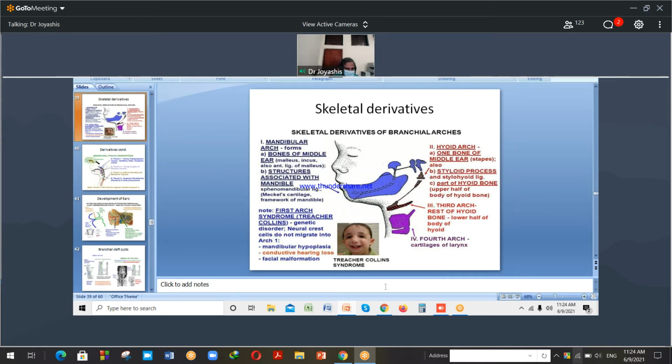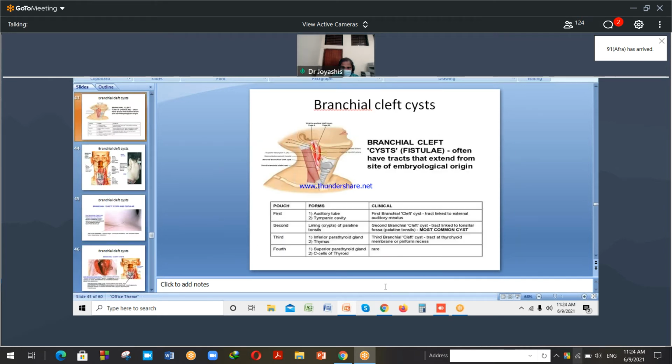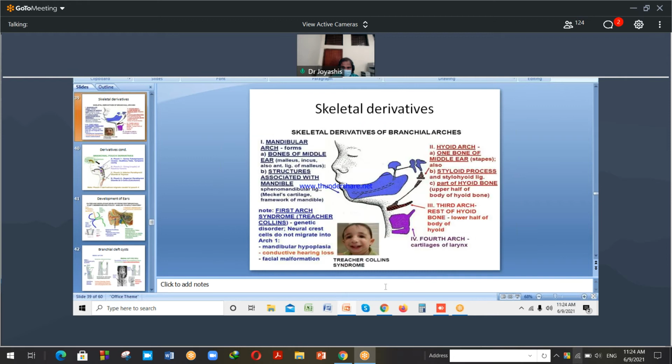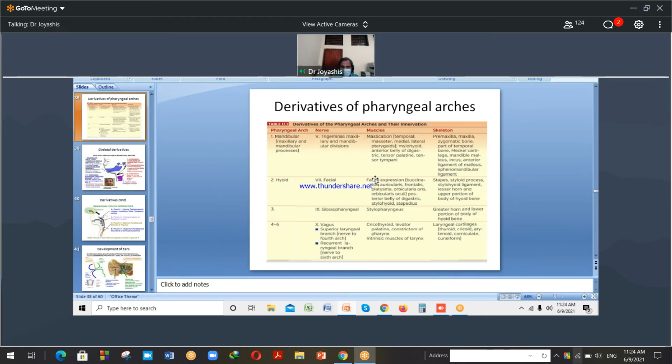So let me briefly summarize what develops from each arch. This is given in your book, you can check it there too. The first or mandibular arch: the nerve is the trigeminal nerve, the 5th cranial nerve. The muscles derived from this part are the muscles of mastication, the mylohyoid and anterior belly of the digastric, tensor tympani, and tensor veli palatini.